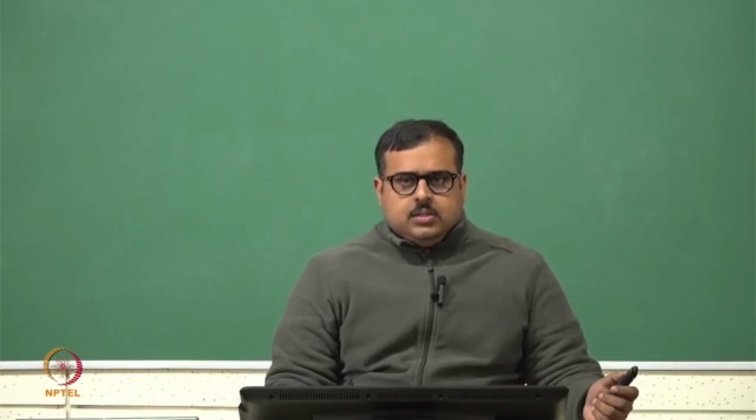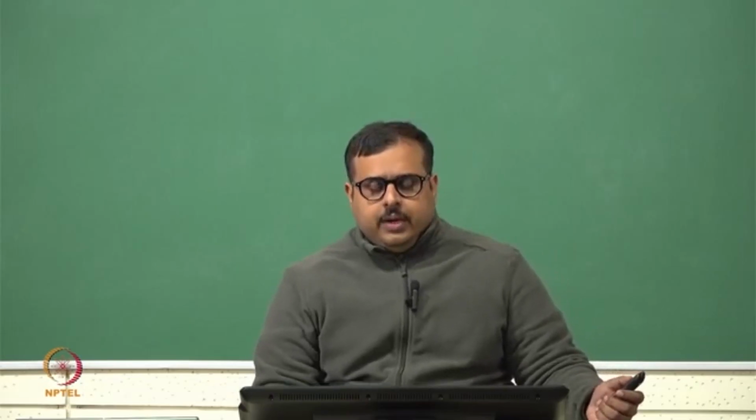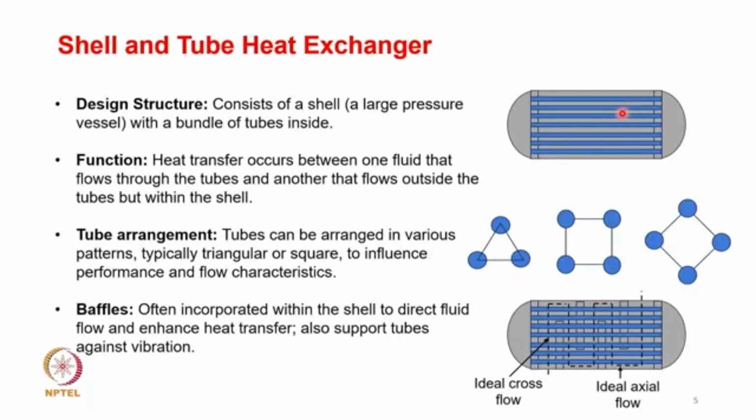Just to give you a brief idea of how a shell and tube heat exchanger works. This is a schematic of a shell and tube heat exchanger. What you really see here is the shell, and there are tubes embedded inside it.